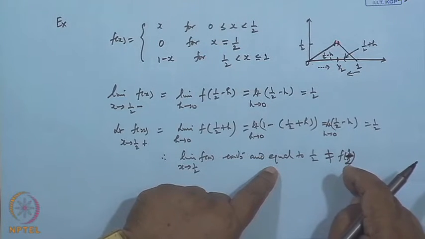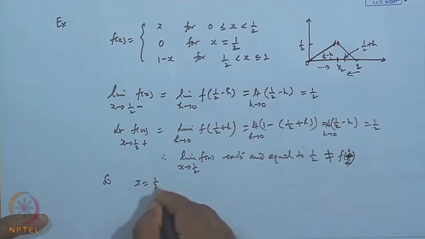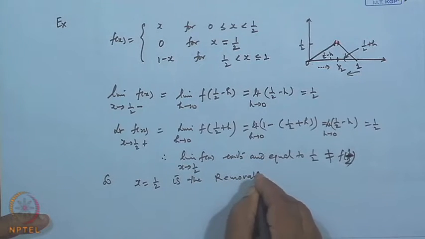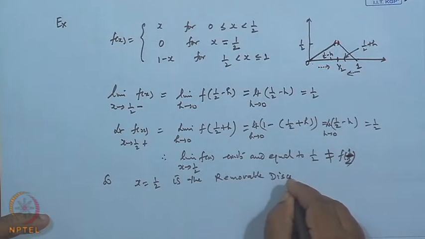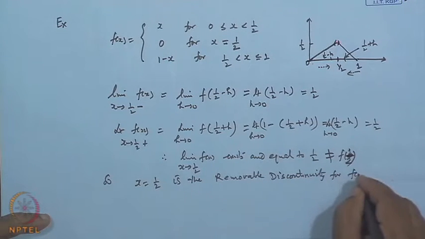So, half becomes the point of removable discontinuity. So, x equal to half is the removable discontinuity for this function f(x).